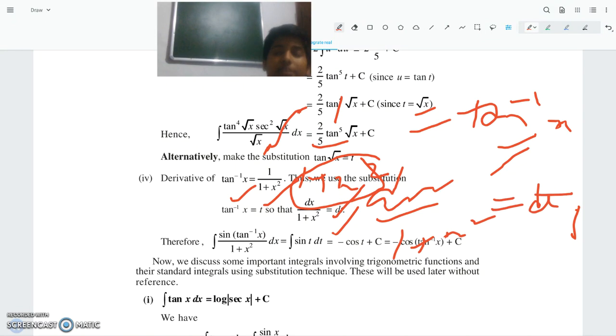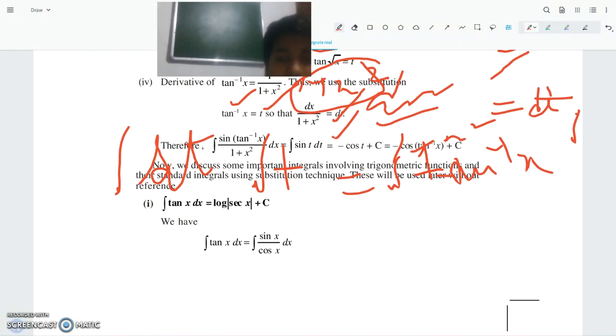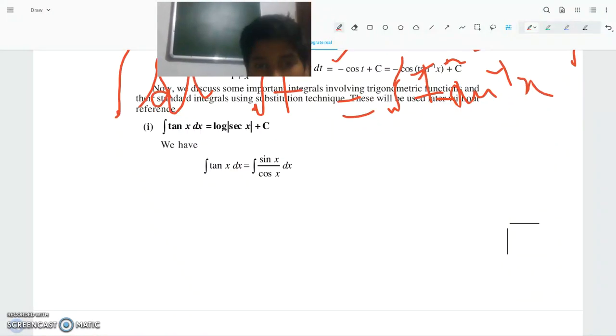The whole equation is converted and nothing is left, so the integration of dt gives t, and t was tan inverse x. That's the trick. You can do it by substitution or otherwise; that does not matter.